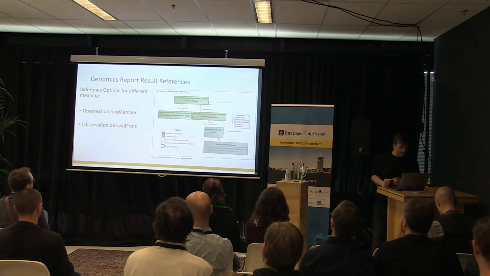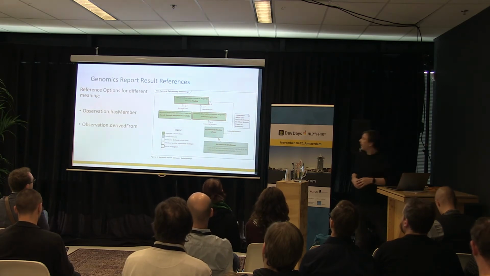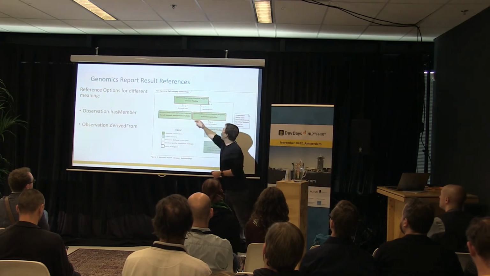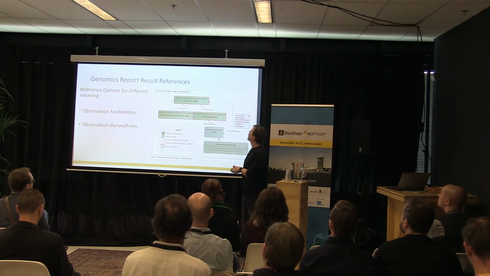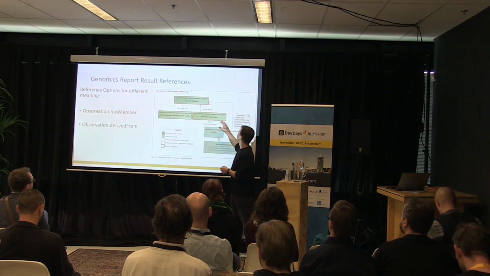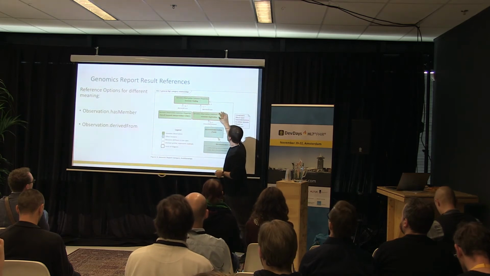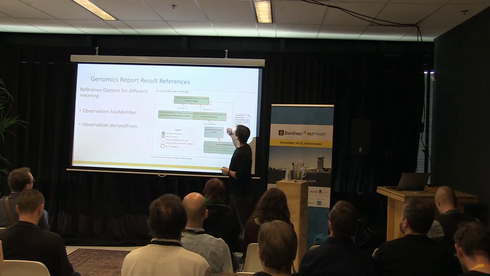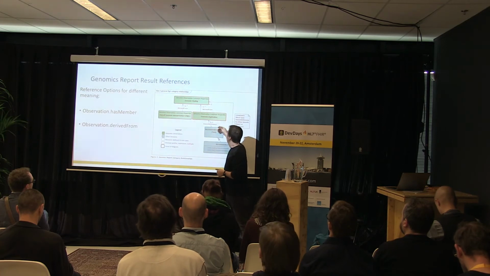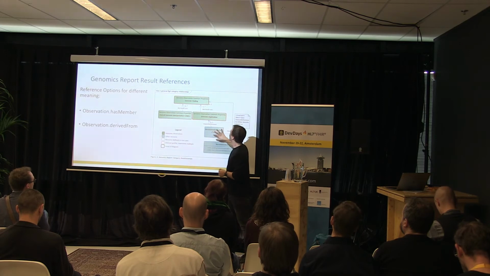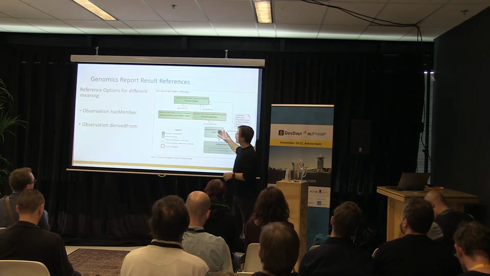We have the genomic finding on top, which is a new thing, I guess. Everything with a red line outline is an abstract profile, so it's not implemented, it's just derived from other profiles. Genomic implication has a recommended action as a reference pointing to it. So there's the recommended action.